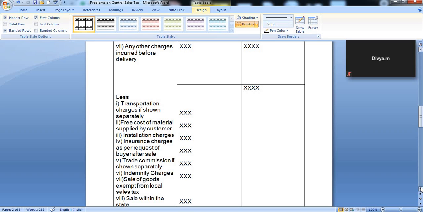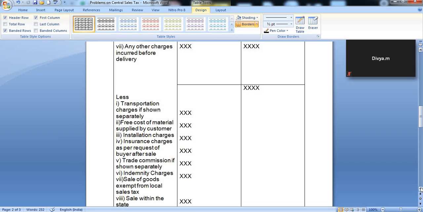Then installation charges. Installation charges will be done at the buyer's place, that is after delivery, so that has to be deducted. Then insurance charges as per request of buyer after sale, means after the sale takes place, if at the request of the buyer insurance charges are there, that has to be deducted.